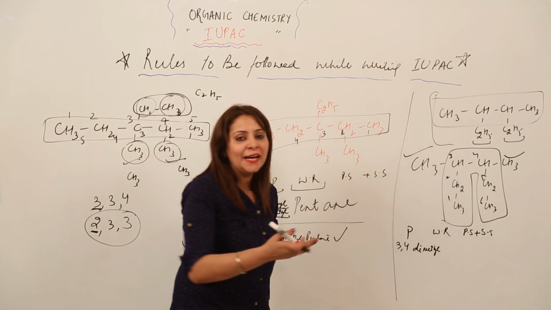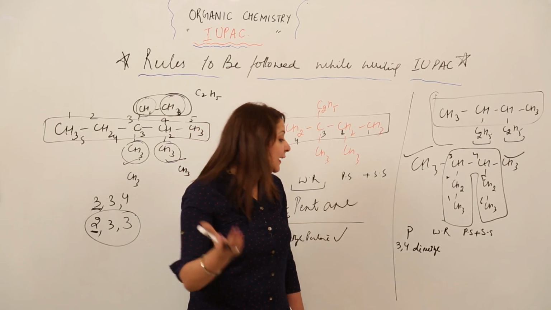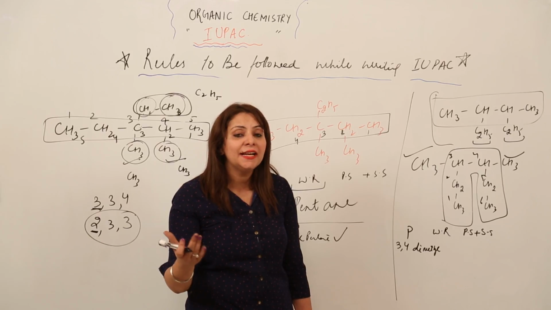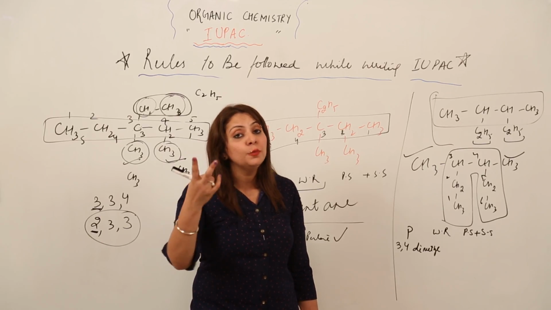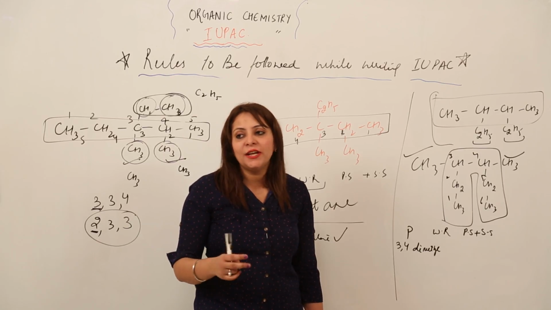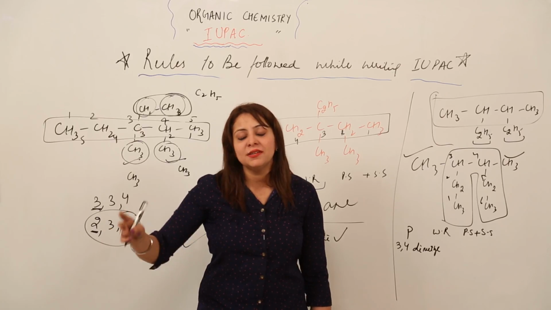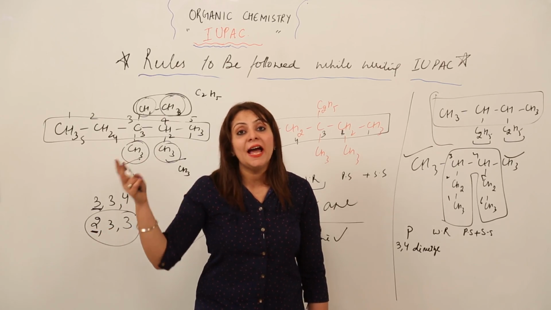This IUPAC name is actually a complete address, right? Like I am writing 3,4 dimethyl, that means at 3 and 4 there are 2 methyls. That means the 2 similar groups. It's like if somebody asks you where your friend stays, she says this is the house number, this is the sector, and this is the landmark, right?